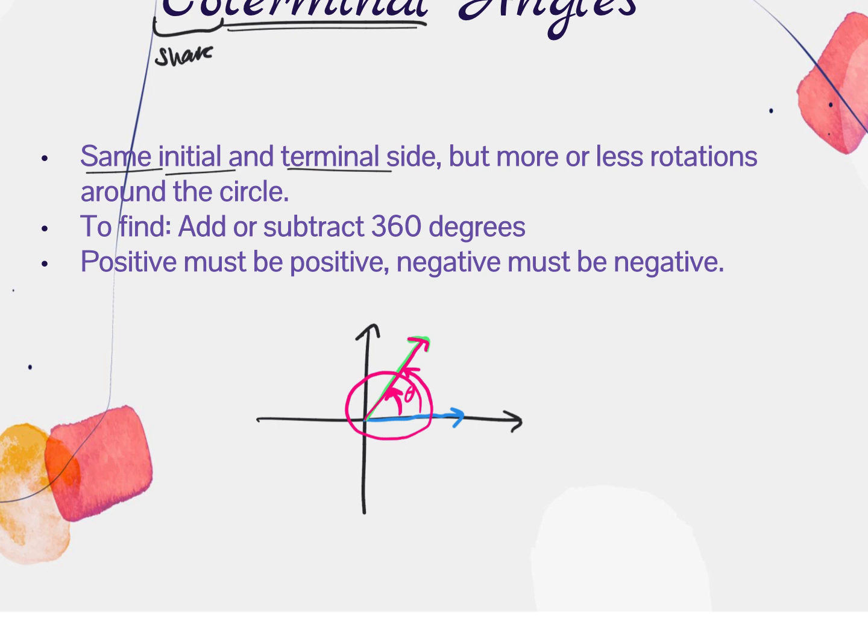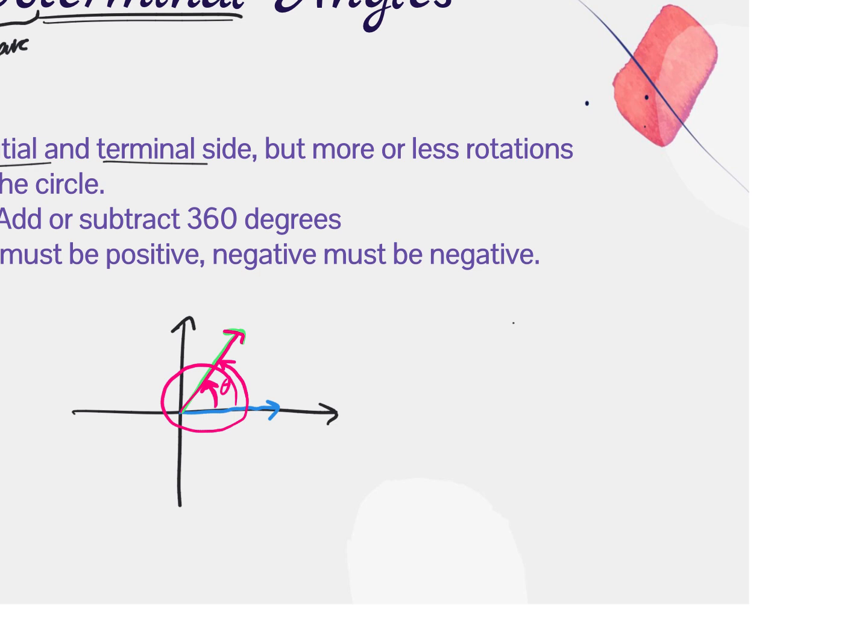Same thing, you can go in the negative direction. So I'm going to have the same initial side, and the same terminal side right here, and again, this is our original angle, theta. Now what if I went in the negative direction? I'm going to go backwards from where we started, and then you end up here at the same spot.